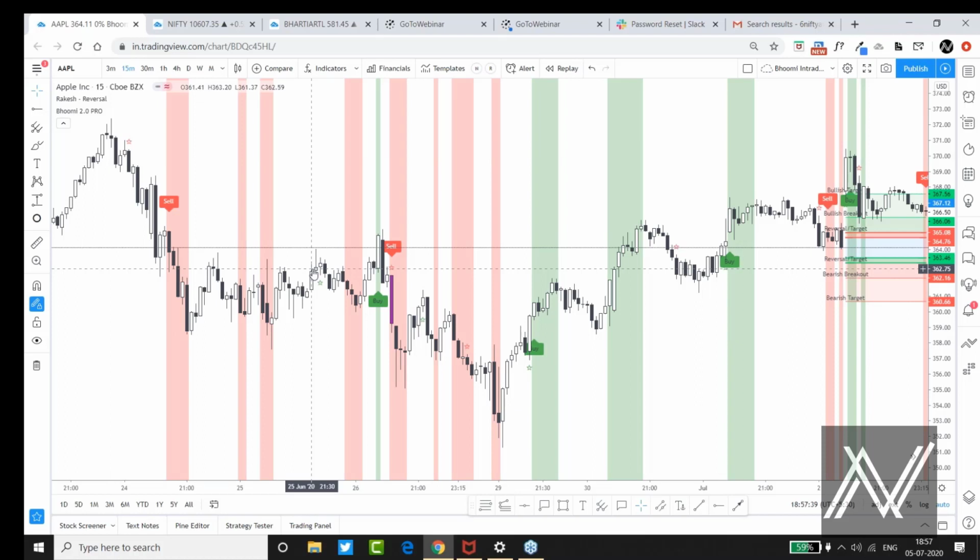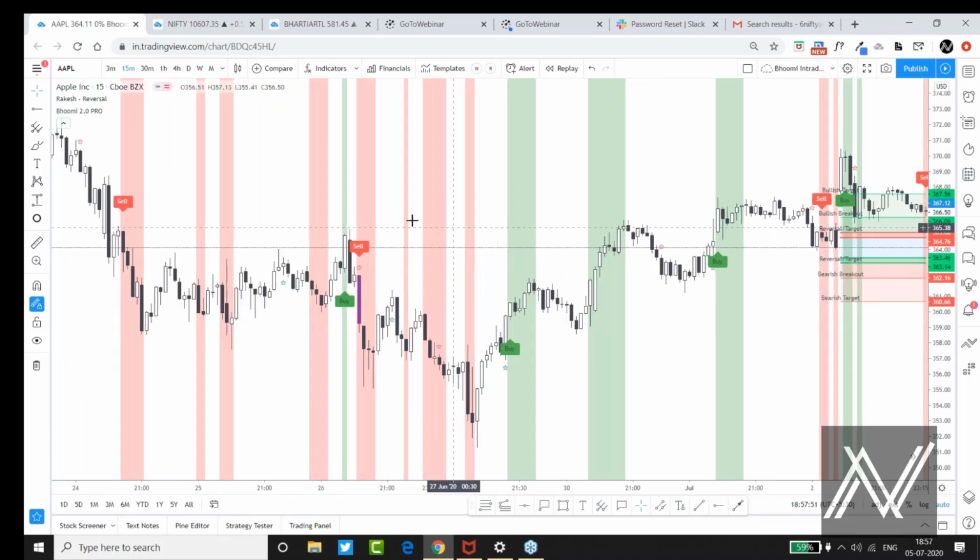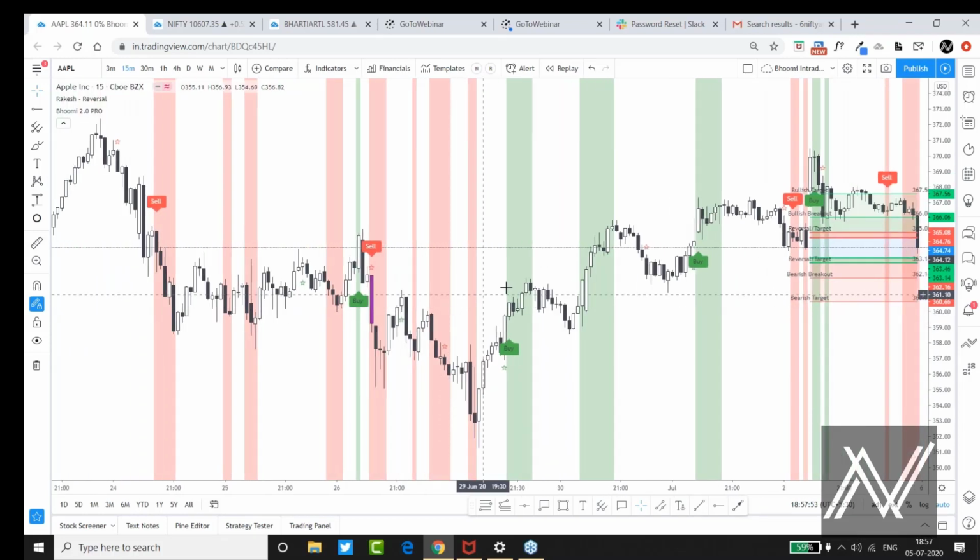We have just coded everything into one, so it tends to act on a stock which we pick up. But when you're using BHOOMI Nasdaq, there's a special product guide. It works so amazingly in Nasdaq markets. As Rakesh said, I'm just volunteering this Apple stock, showing them how it's working.